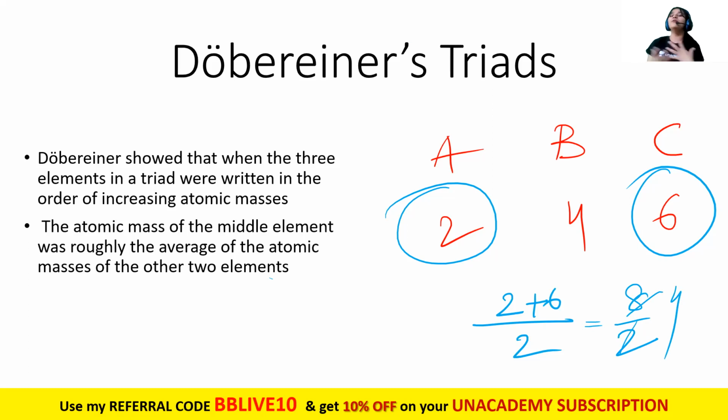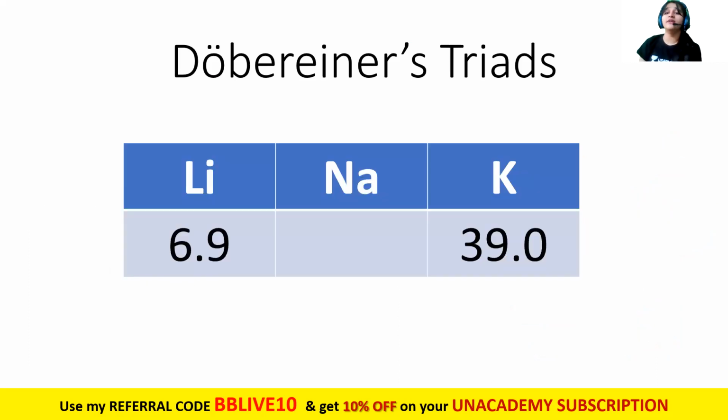So this is how Döbereiner's triads came into existence. Let's have a look at one of them. Come on, you and me, let's do the math together. 6.9 plus 39. 6.9 is the atomic mass of lithium, and K stands for potassium, and the atomic mass of potassium is 39. So what do I do? Average it out?